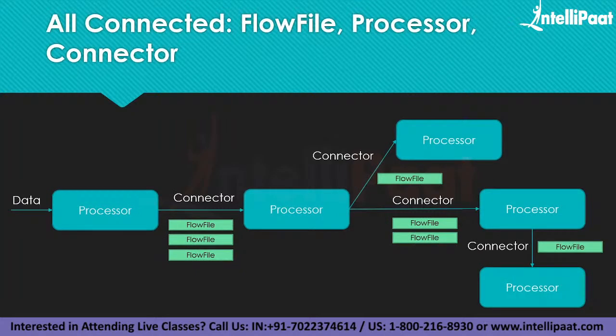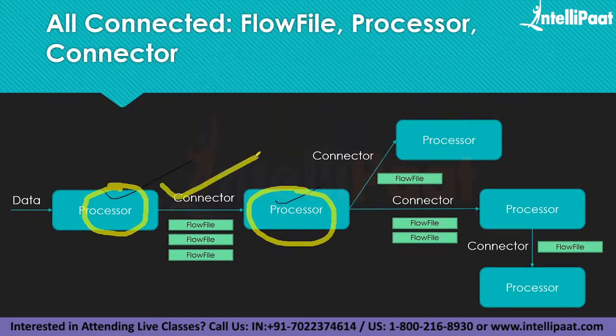So now a very simple data flow. If you see, data comes in as a flow file, it gets into connectors in between two processors. Let me just point that out. So you've got processor 1, you've got processor 2, and here we have the connectors between the two. The data gets converted into a flow file because that's what we call it.